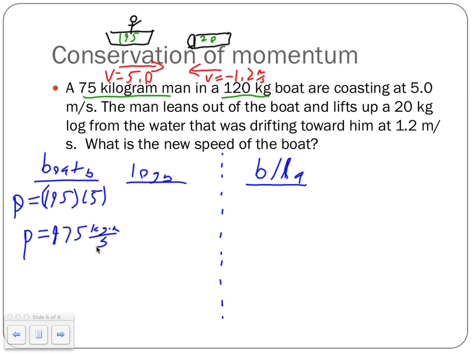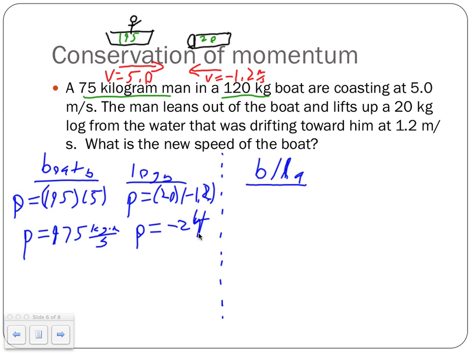For the log, it has a mass of 20 kilograms and has a velocity of negative 1.2 meters per second. So we can say negative 1.2 times the 20, and so we find out that the log has an original momentum of negative 24 kilogram meters per second. So the question now would be, what's our total?